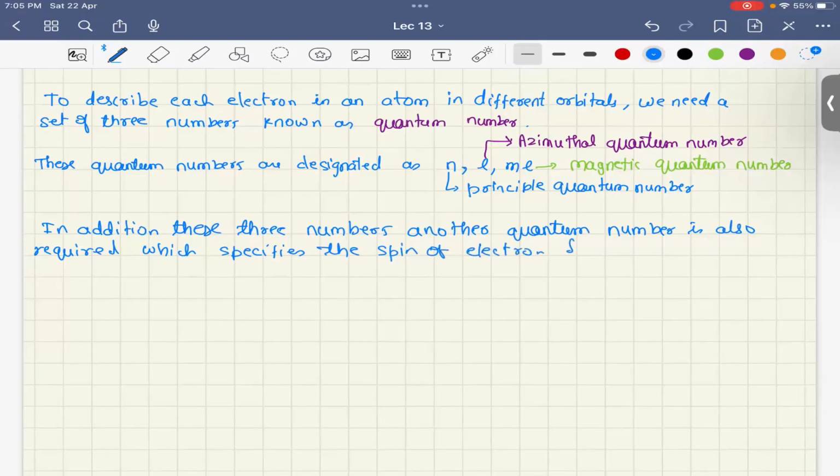That is called the spin quantum number, and it is denoted as ms. So in totality there are four quantum numbers, out of which three are primary and very important, and the fourth just denotes the spin of the electron.